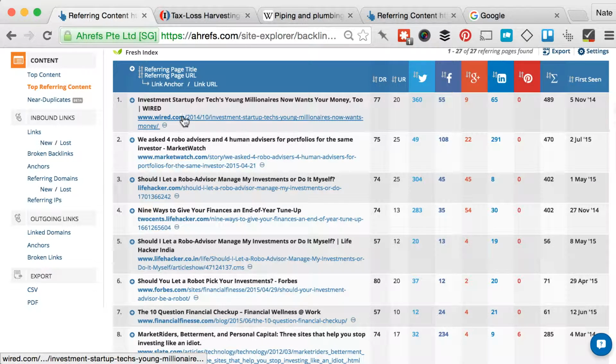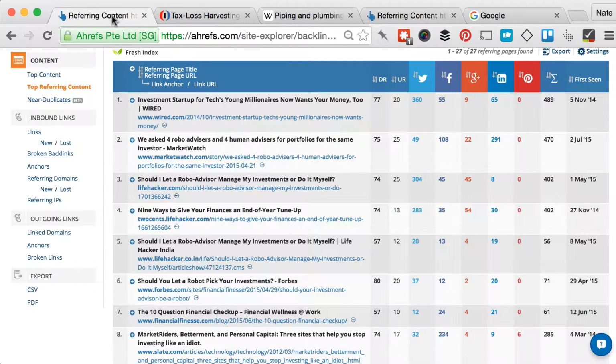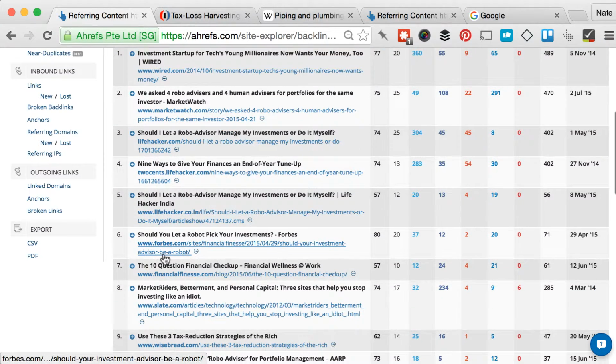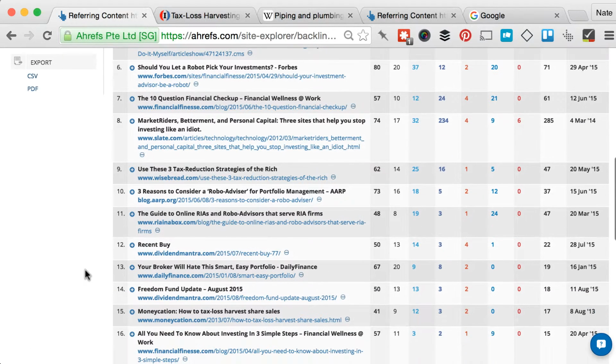So, you have links from Wired to this, they're linked to an Investopedia article about tax loss harvesting, MarketWatch, Lifehacker, Forbes, Wisebread, the AARP, Rain Box, and again, you basically go through, look and see who's writing this, and why did they link to it.